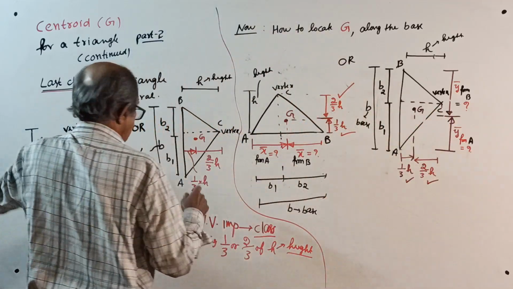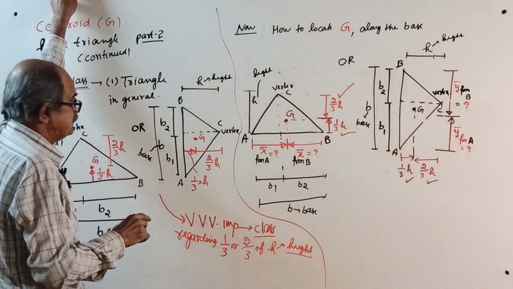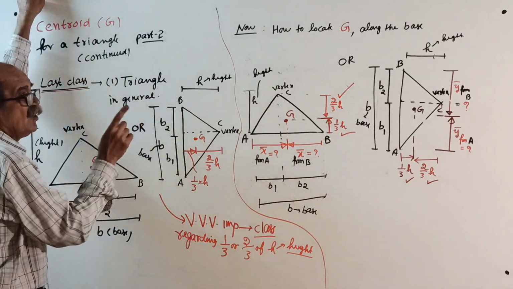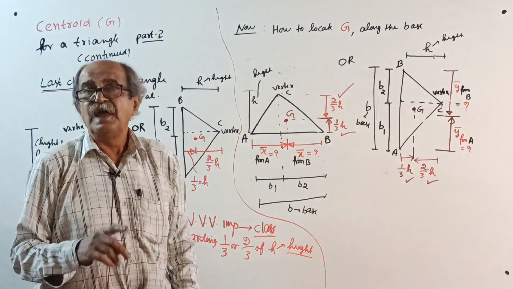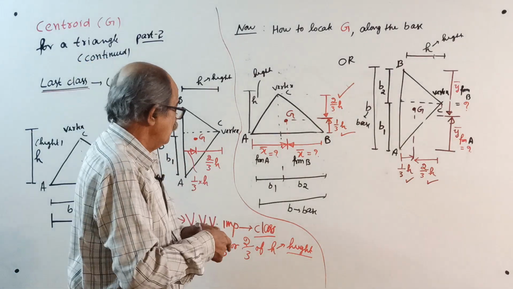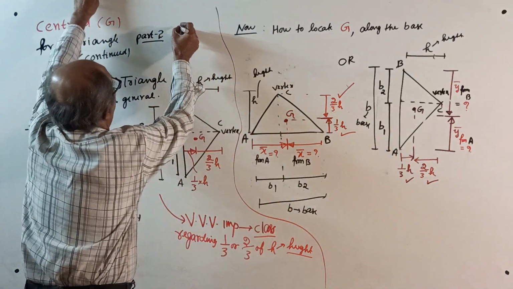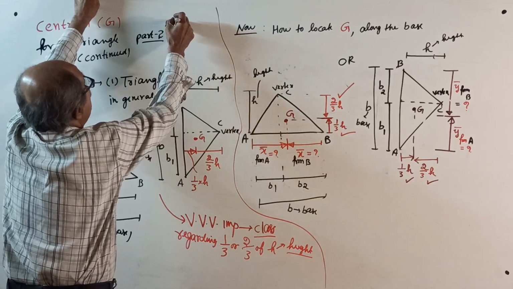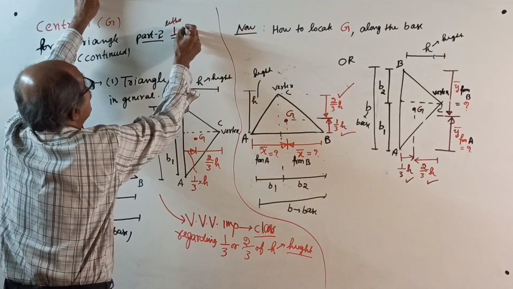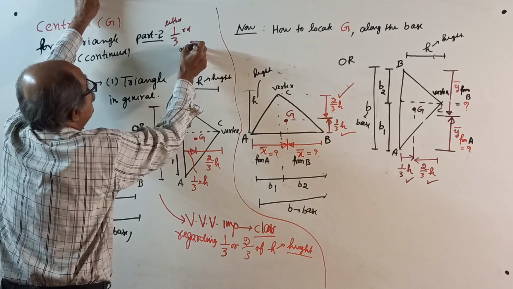Now, what we got last time is the centroid for a triangle in general. The expression is either 1/3 or 2/3.